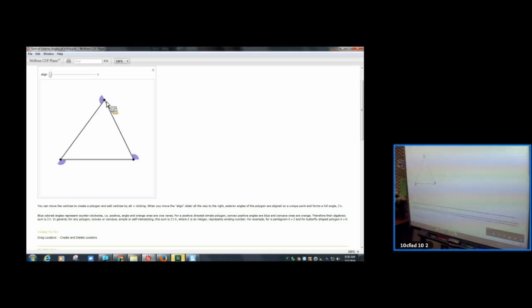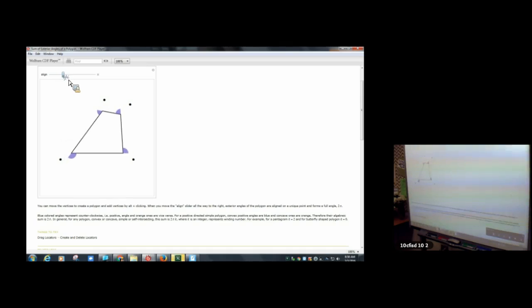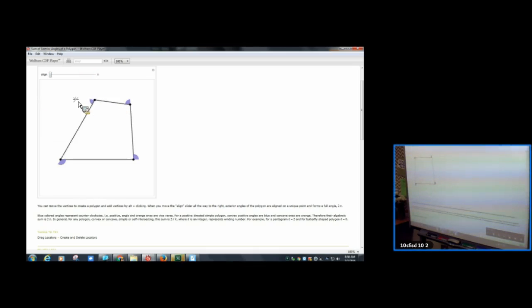Now let's try, what's this? A quadrilateral. Now let's see what happens with a quadrilateral. Oh my goodness. The same result. No way. Okay, let's add another side. Now we've got a pentagon.